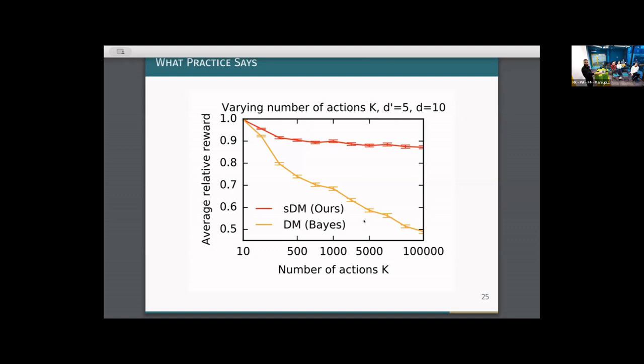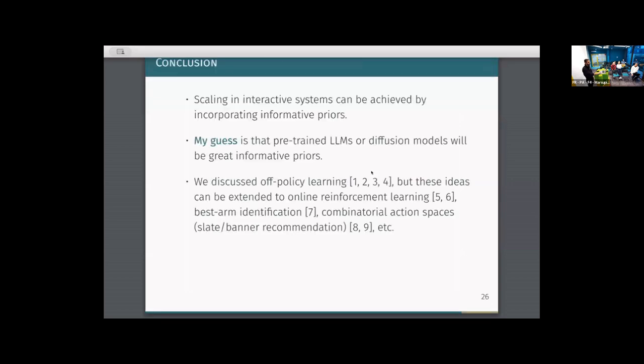So that's a summary of the experiments, but there are a bunch that we can't present here. In this work, my goal was to present the framework and explain how people in research understand interactive systems and offline learning in interactive systems. After that, we explain how we scale learning in interactive systems from a research perspective, which is aligned with some of the ideas that we also tested here in recommendation.